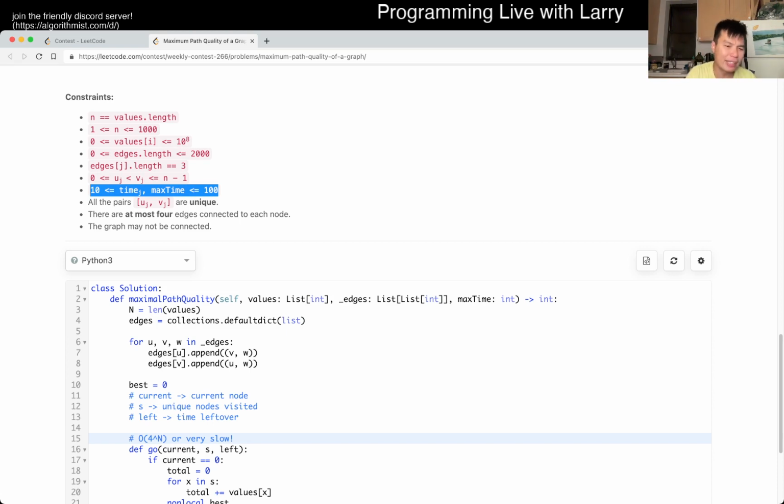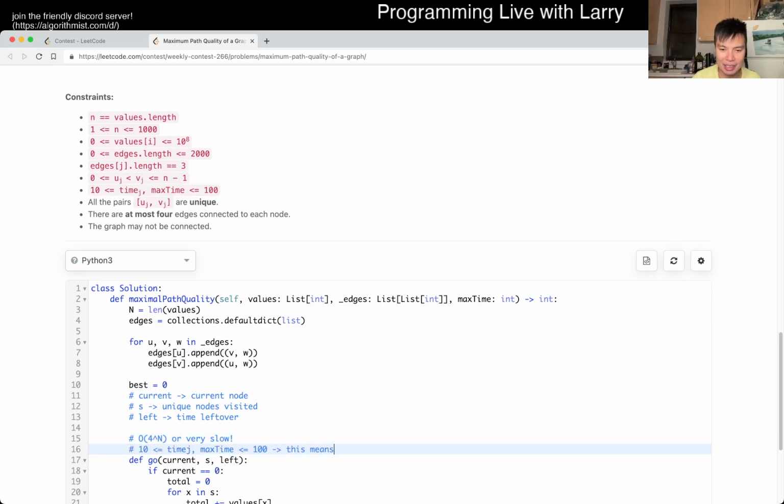I actually did read it correctly, but somehow I wasn't able to prove to myself in a good way, or I had separate ideas in my head but didn't put them together. If you watch me solve this problem live, I said something like, let's go over this. If time is at least 10 and the max time is at most 100, that means that at most this is 10 recursion steps, right?